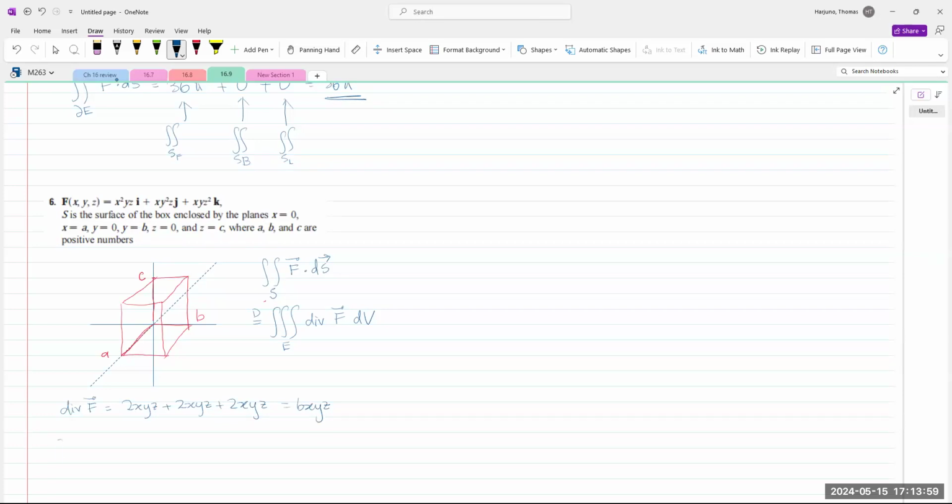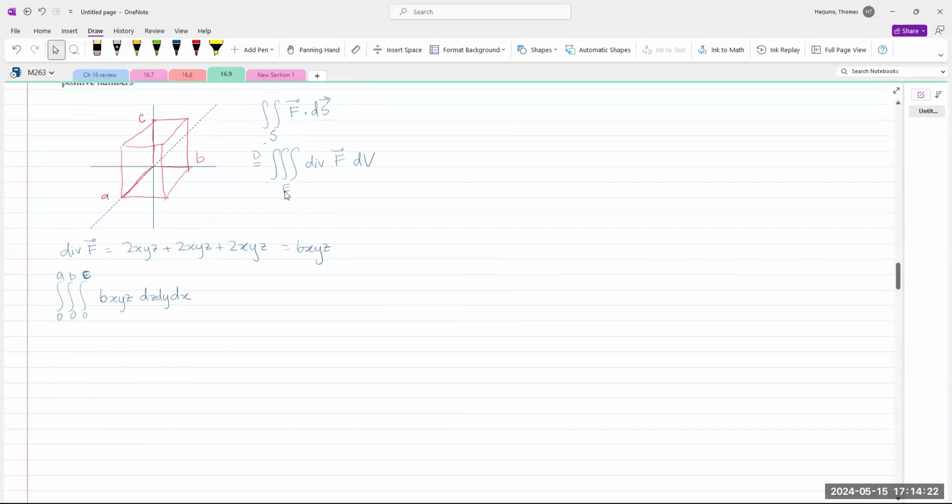And the triple integral therefore becomes the integral from 0 to a, 0 to b, 0 to c of 6xyz dz dy dx. I think this is a lot easier to compute, huh? Don't you think so? Because the domain is quote-unquote a rectangle, right? And the integrand is separable, right?